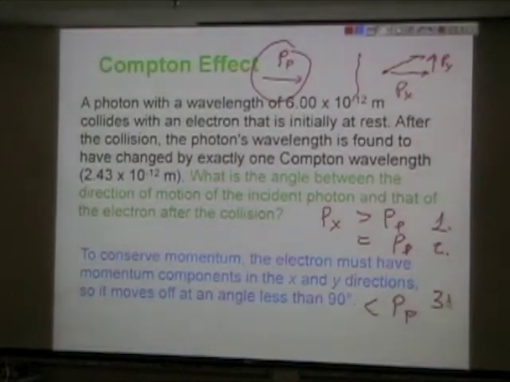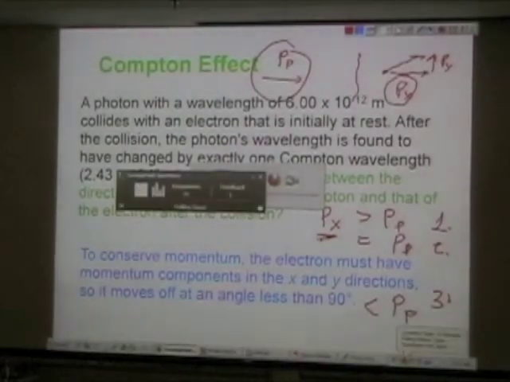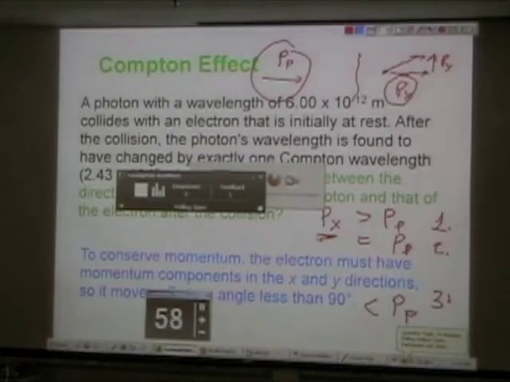If you want to compare the momentum of the electron after the collision, and the question is about the x component only, okay.